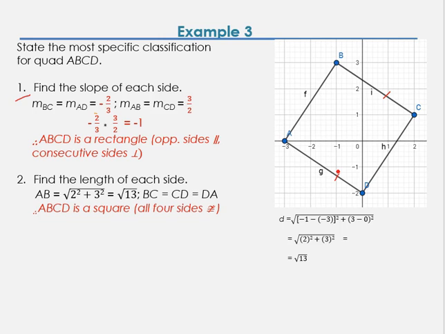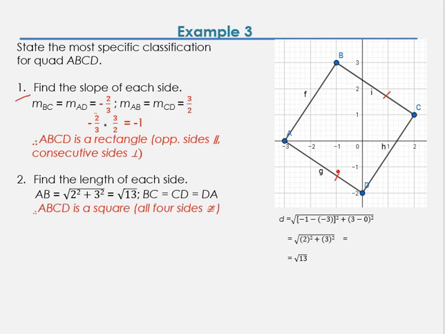Now let's look at the slope of side AB and side CD. The slope of AB and CD will be equal, and they are 3/2. Now, -2/3 times 3/2 will give us -1.